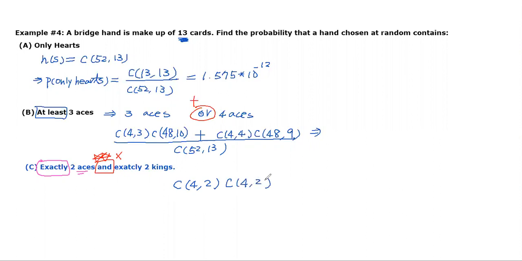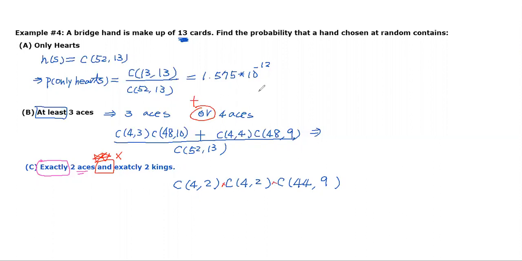So I have taken 4 cards, and I still have 9 cards, but none of those 9 can be aces or kings. How many do I have left? 44, so C(44,9). And because this is an "and", I need to multiply.